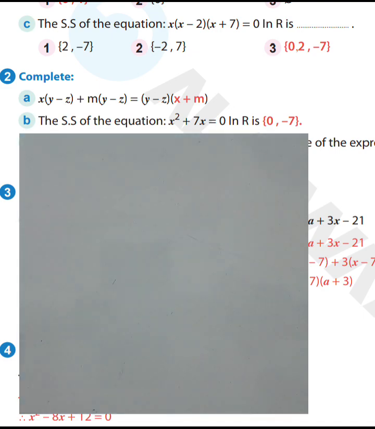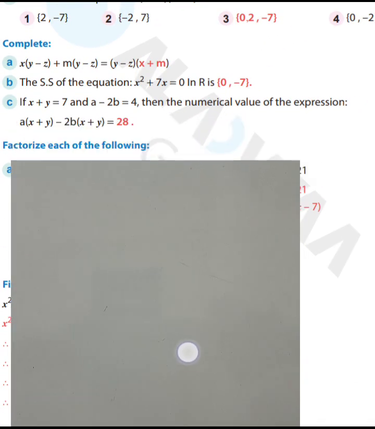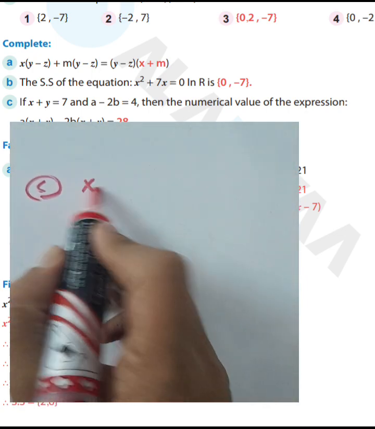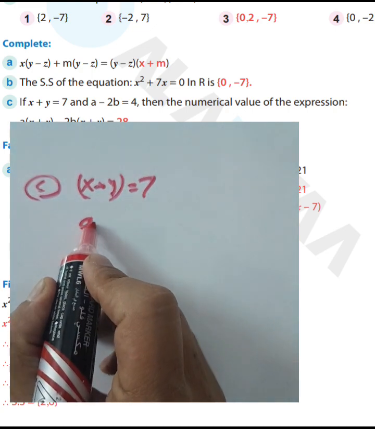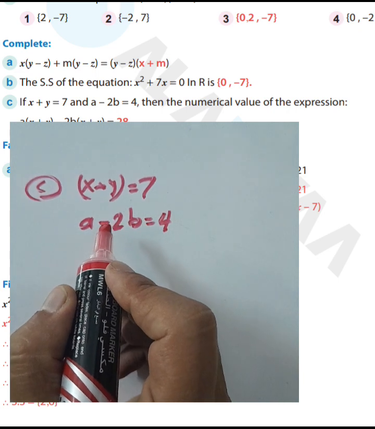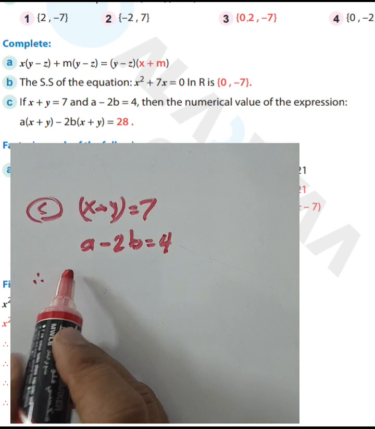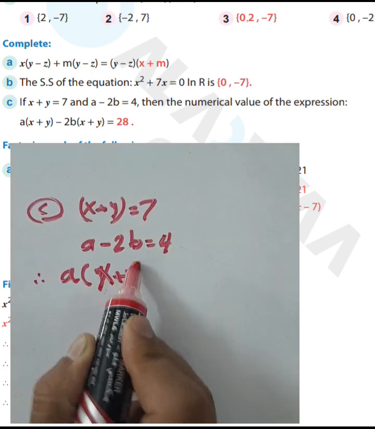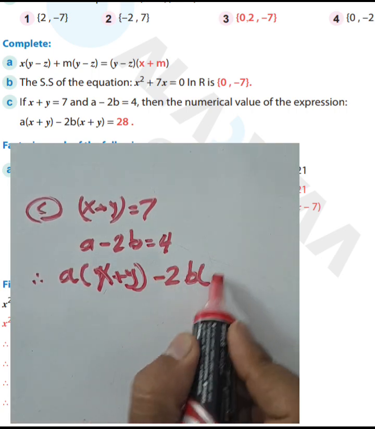Next question here, letter C. See, if x plus y was 7 and a subtracted by 2b equals 4, then the value of the numerical expression. He wants to find the value of the expression a product by x plus y subtracted by 2b product by x plus y.